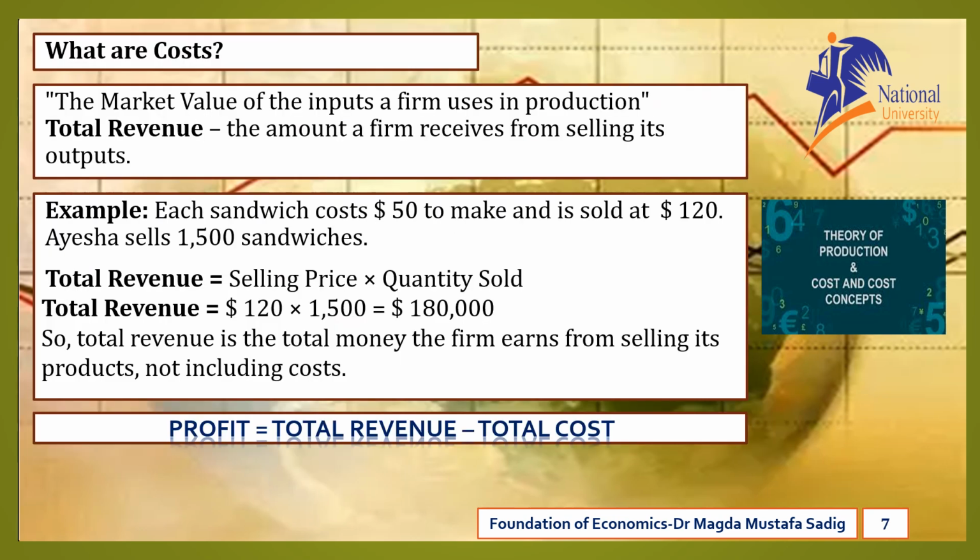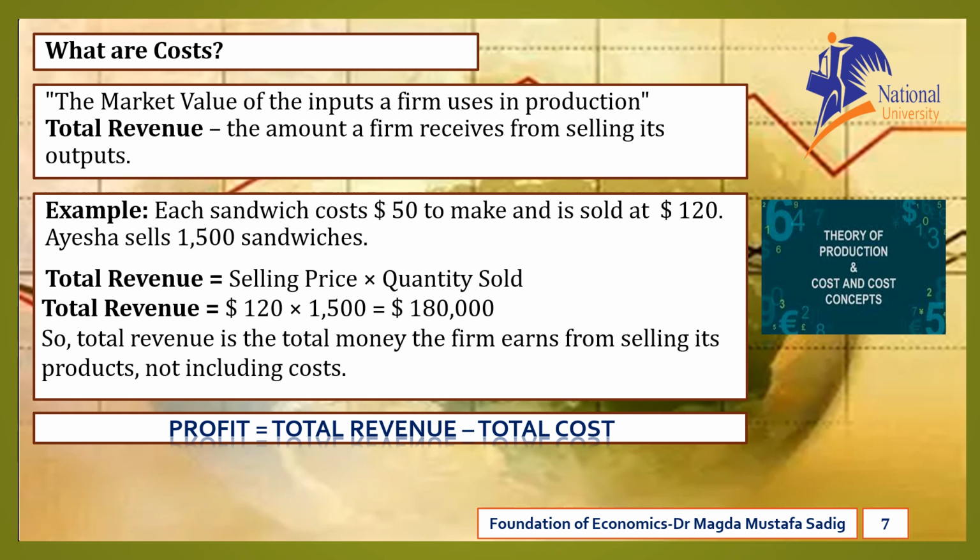Let us discuss what costs are and how we relate cost, revenue, and profit in economic decision making. In economics, costs are defined as the market value of the inputs a firm uses in production.